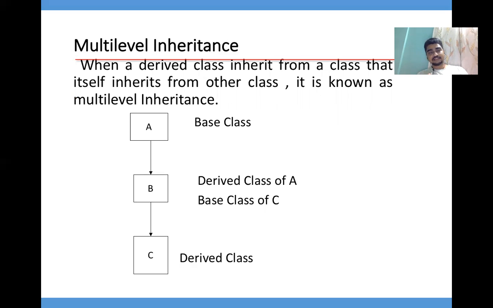Multi-level inheritance is when a derived class inherits from a class that itself inherits from another class. So you inherit one class that is inherited by another class. There is a base class A, the child class is B, and B is a parent class of C. So C is derived from B. This is called multi-level inheritance.